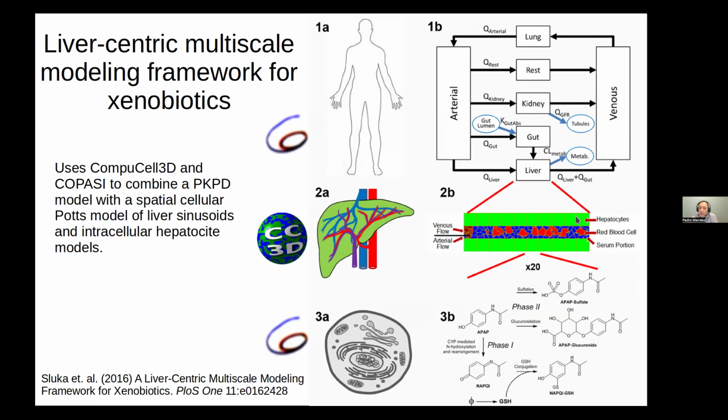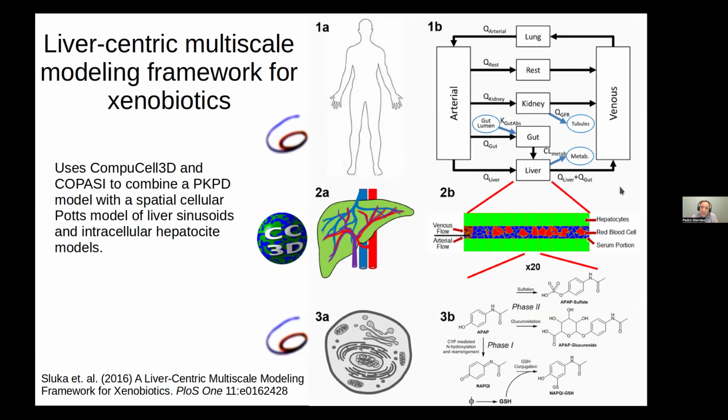So in this case, you have hepatocytes, which are these green squares, and you have red blood cells going in a venous flow and also an arterial flow. So this model includes hemodynamics, so it includes the fluid dynamics of the blood in the sinusoid, and the processing and transport by red blood cells and hepatocytes and the serum as well.